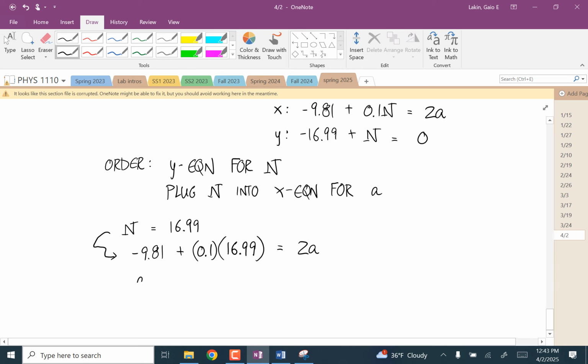And so a is equal to negative 4.06 meters per second squared.